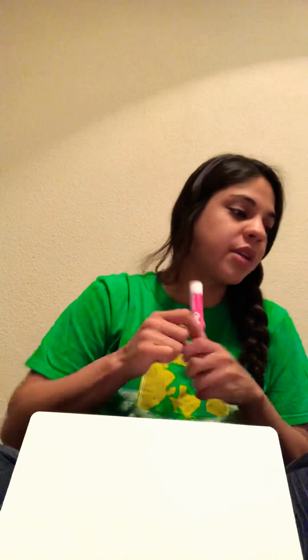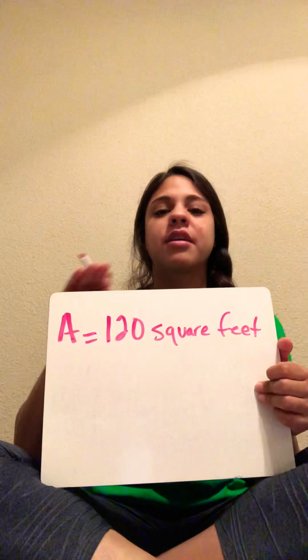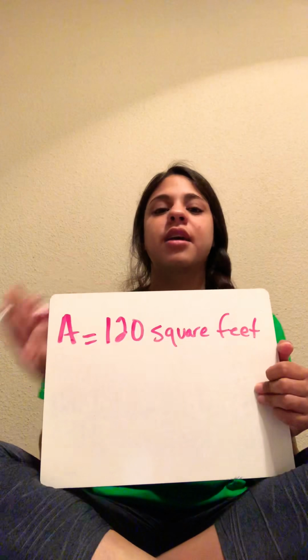All right, so now we're gonna go ahead and do the area for, let's say, a bedroom. They say they want to put tile in there, and the area for the room is 120 square feet. Now, I know the whole room already has the area of 120 square feet, okay?